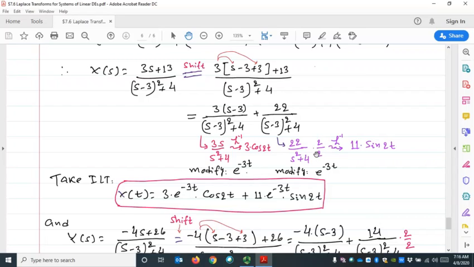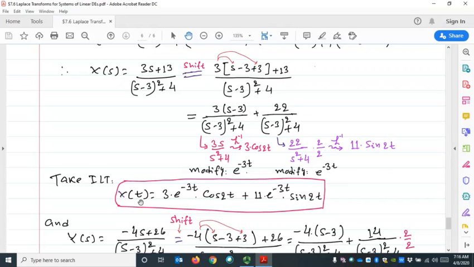We need to modify by multiplying by 2, and then the constant is 11 times 2 over s squared plus 4. The inverse Laplace transform of 2 over s squared plus 4 is simply sine 2t, and modify by multiplying by e to the power negative 3t.